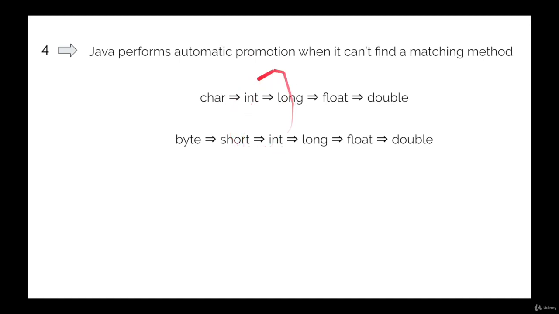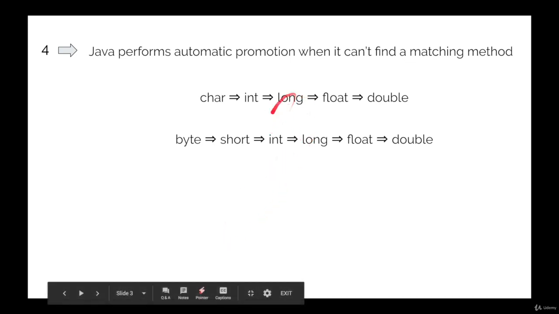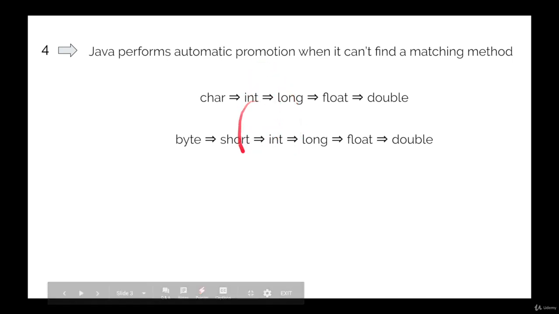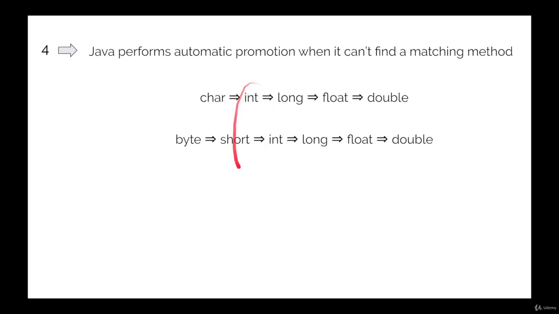So whenever Java finds that you are calling an overloaded method which doesn't have a matching type, the compiler doesn't throw an error immediately. First it tries performing these automatic promotions, and tries to find the matching type by doing them.